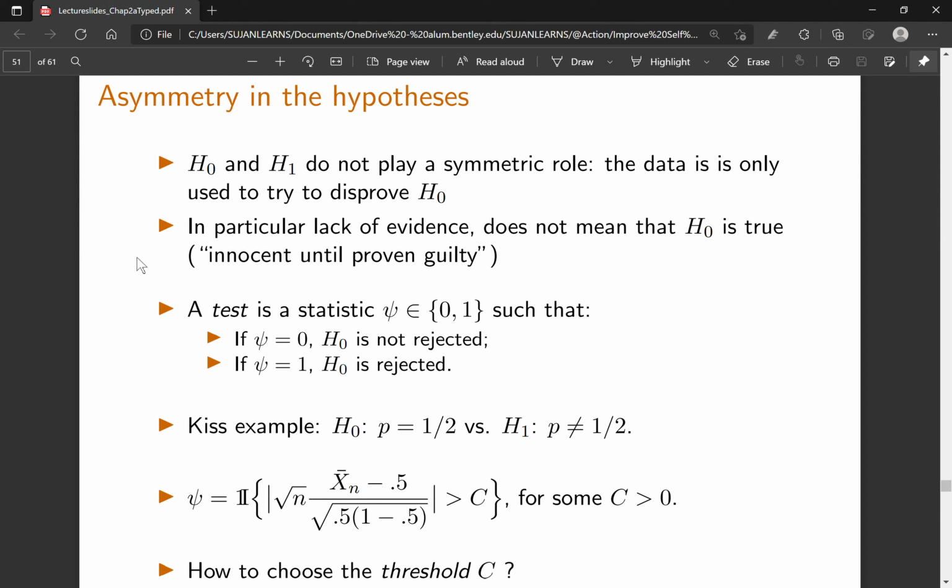This output, 0 or 1, does not live in the parameter theta or the estimate of our hypothesis.